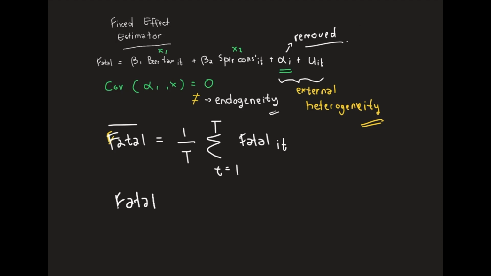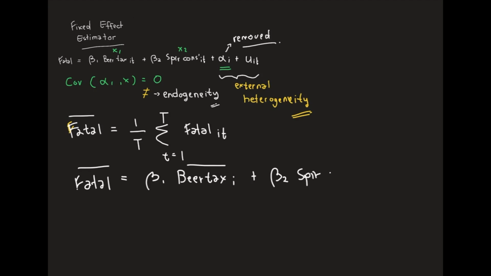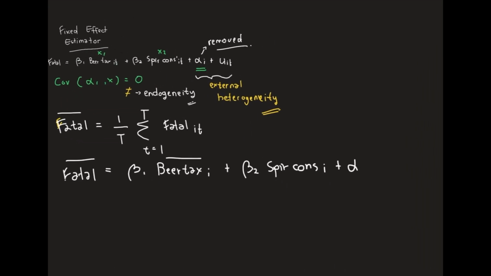Fatality is actually the mean of B1 beer tax in every state or country i, B2 spirits consumption of i, plus alpha that doesn't change over time, plus u i.